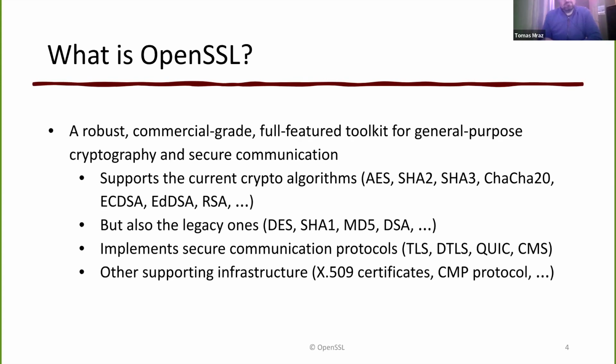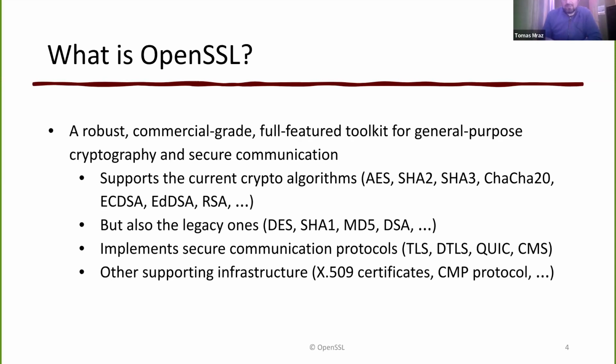But OpenSSL is also quite old software with some history, so it also has support for legacy crypto algorithms. It implements secure communication protocols. That's TLS, DTLS, QUIC, and CMS.